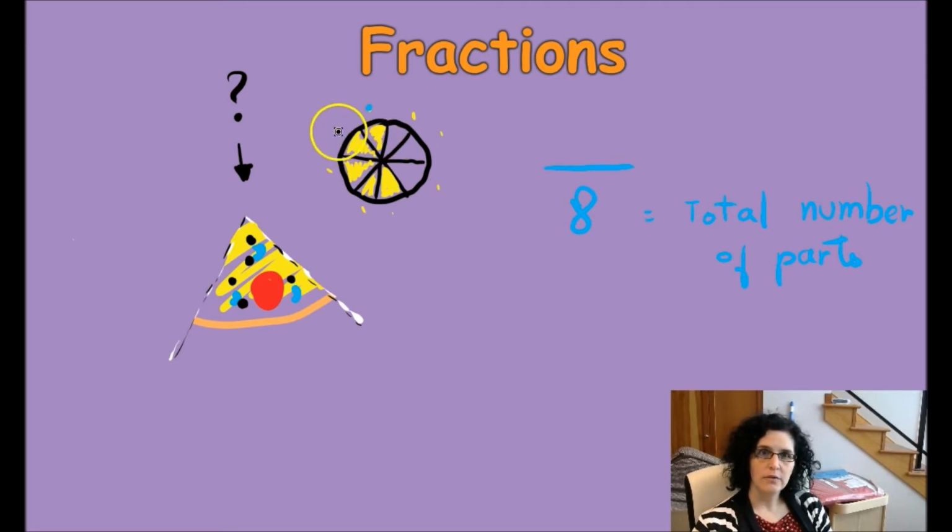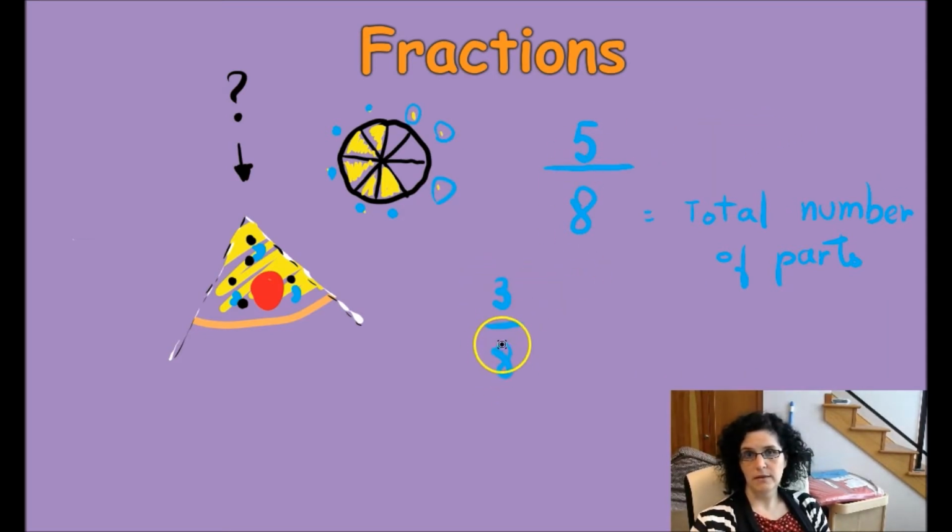So 1, 2, 3, 4, 5. 5 parts are colored yellow. We're going to put 5 here. So 5 slices of pizza have cheese. The other 3 slices of pizza, 3/8, right? They don't have anything, nothing.